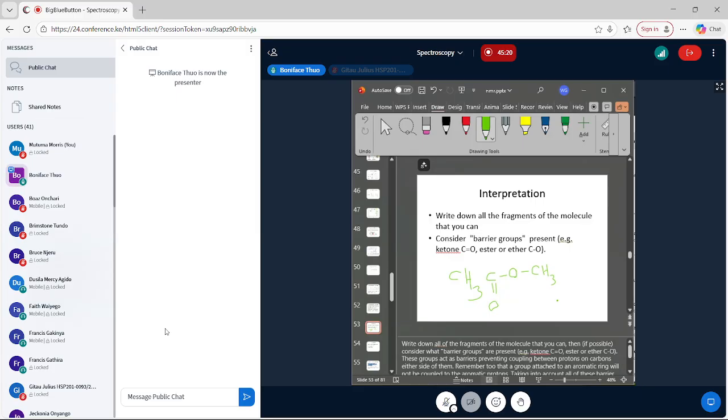And how would the splitting pattern be? Do we get singlets, doublets, triplets, or quartets?